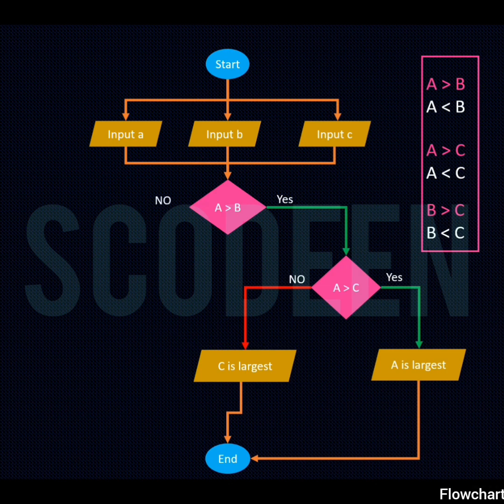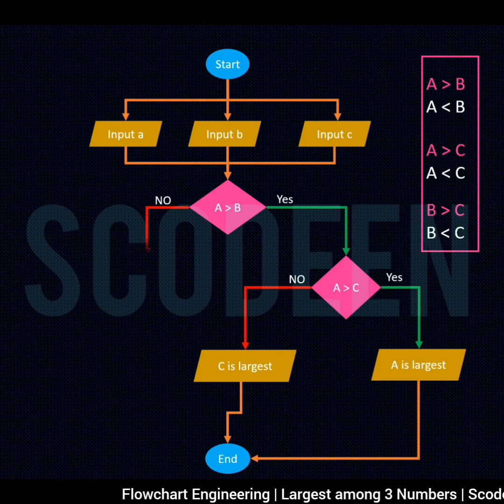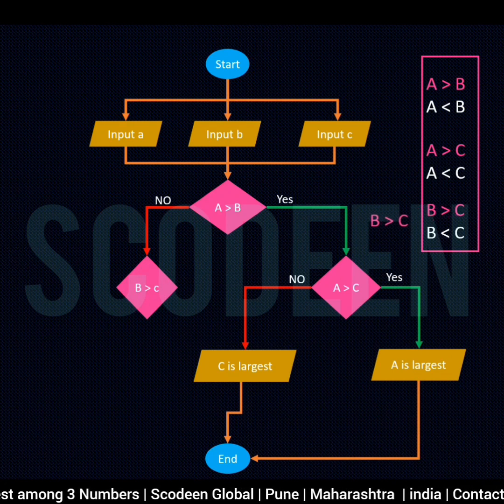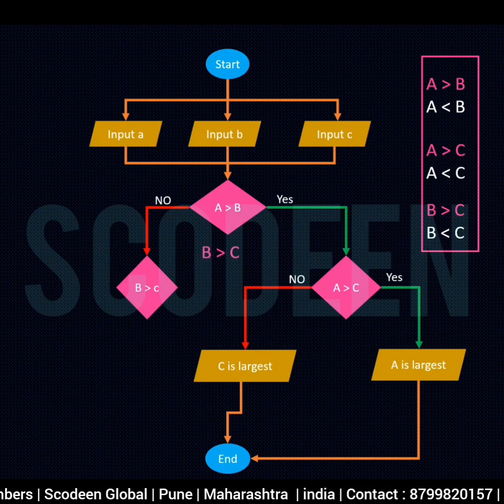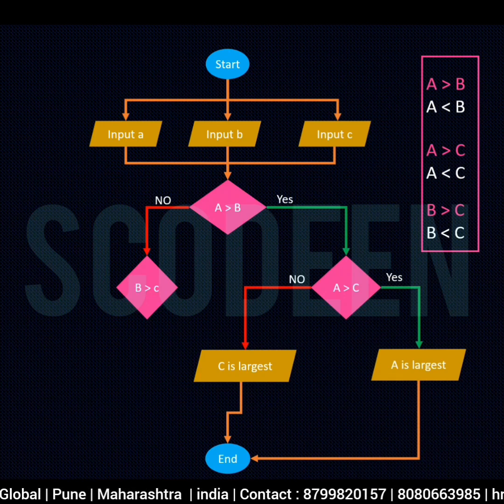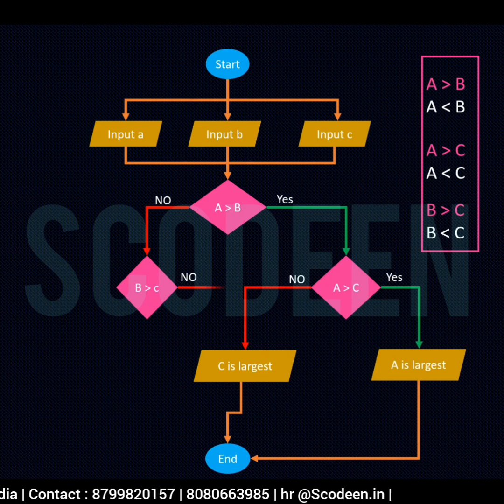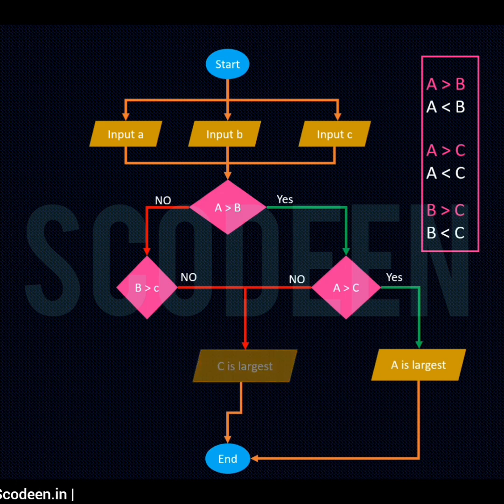Next comes the no condition. If A is greater than B is no, then B will obviously be largest. And the third condition will be B compared with C. It will also have two options, one is no, one is yes. If it is no, then obviously C will be largest.